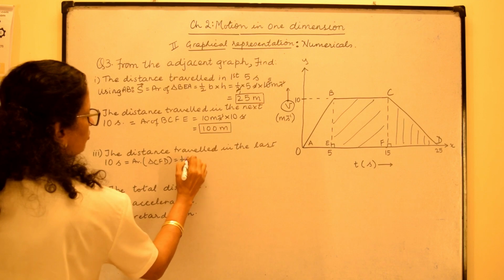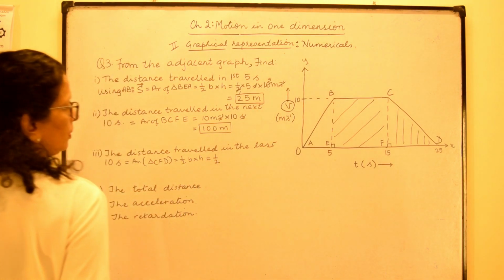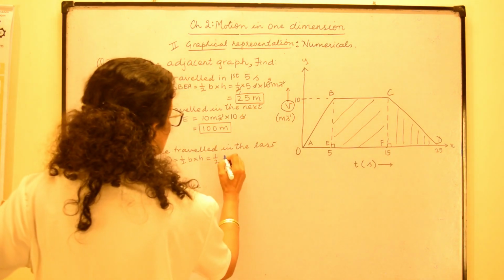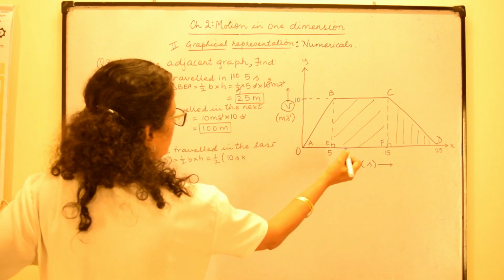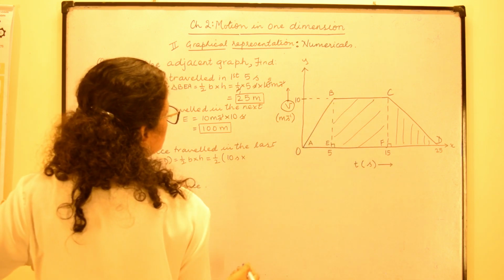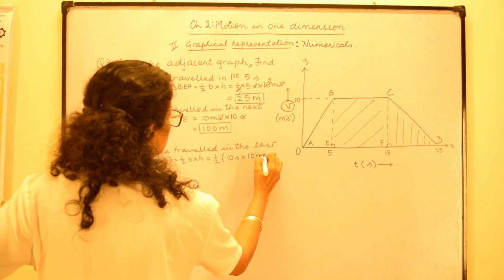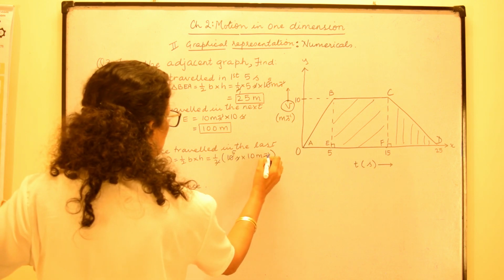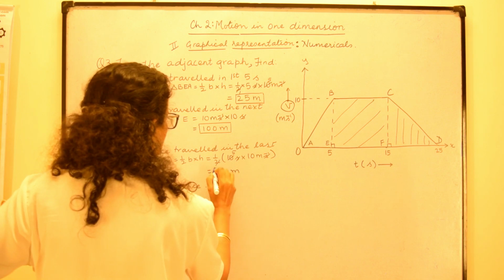That will be half base into height, will be equal to half base is FD, which is 10 seconds, and the height is from here to here, that is BE, that is 10 meter per second, and you will see this is equal to 50 meter.